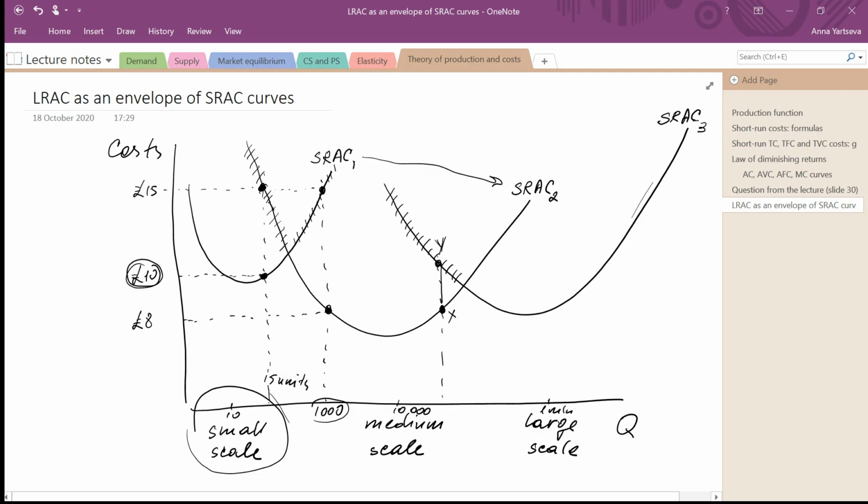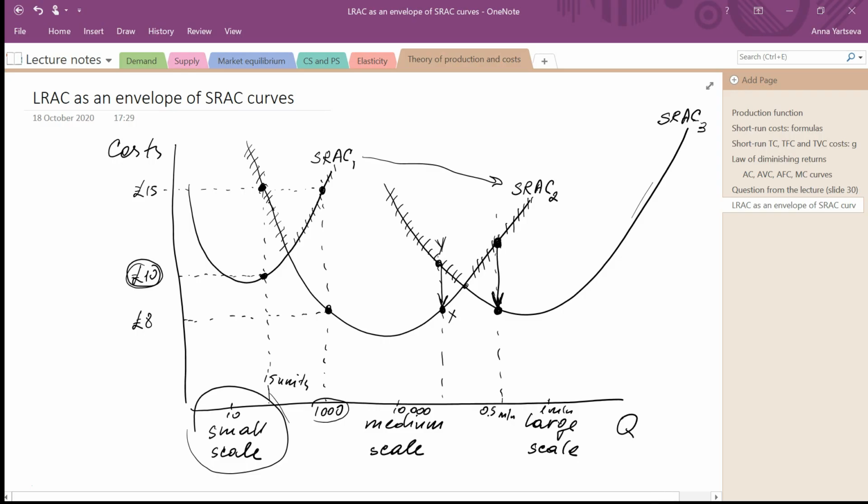Instead, we will jump to point X. And the other way around, if we operate somewhere here, beyond this point, let's say we are producing 0.5 million units, we're still capable of manufacturing this, staying with our medium scale production level along short-run average cost 2. But again, it will be much more expensive than getting some different technology which will allow us to drop costs per unit. In other words, this part of short-run average cost curve 2 is also not relevant.